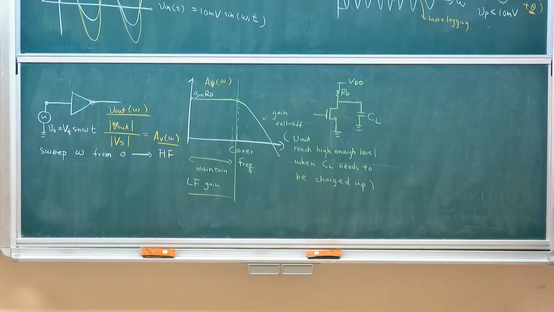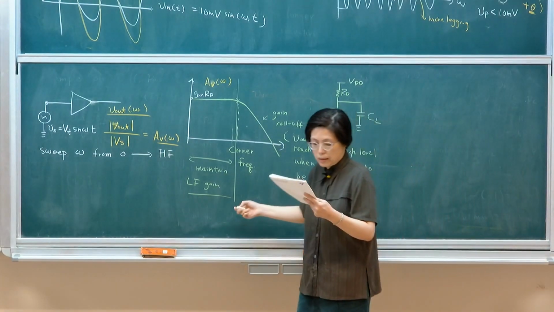I'm going to use a simple example, an RC network, and see if we can construct a frequency response curve like this.